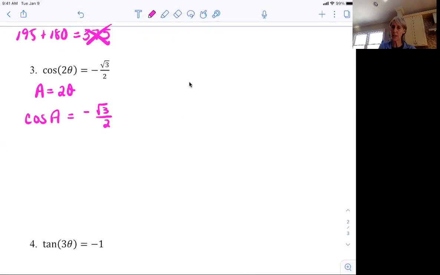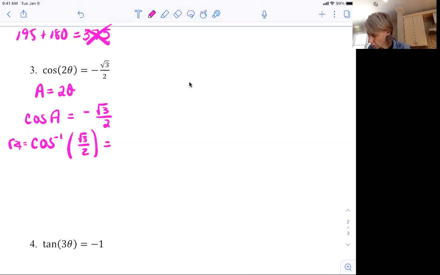And here's where some of the things we learned in our last unit come into play. I want the angle whose cosine is radical 3 over 2, and that comes from one of my special triangles, so I'm going to solve for the positive function value. This is my reference angle. The angle whose cosine is radical 3 over 2 is 30 degrees.